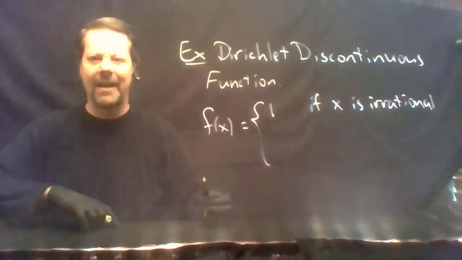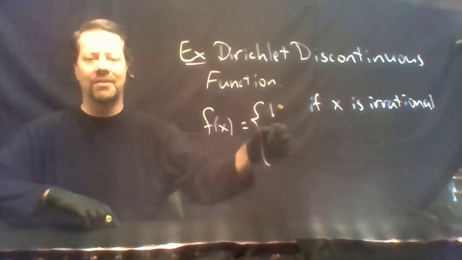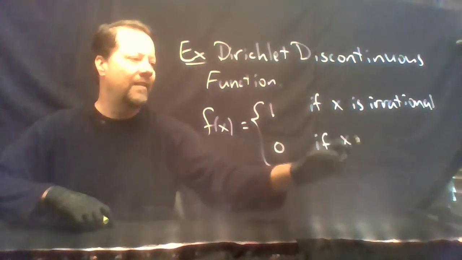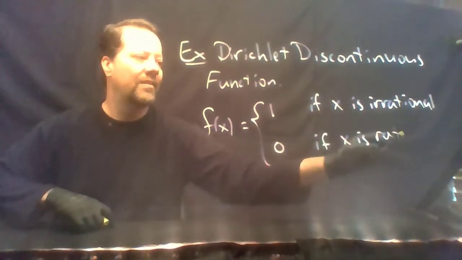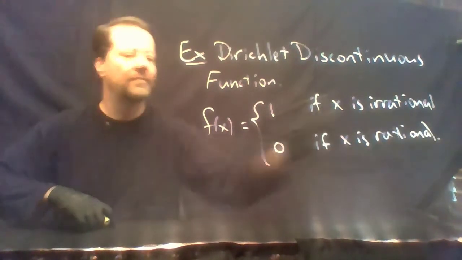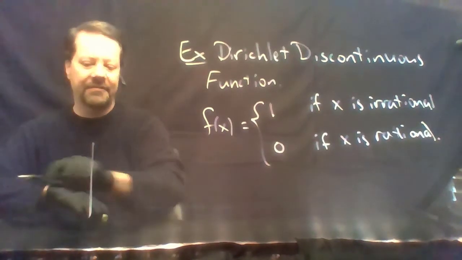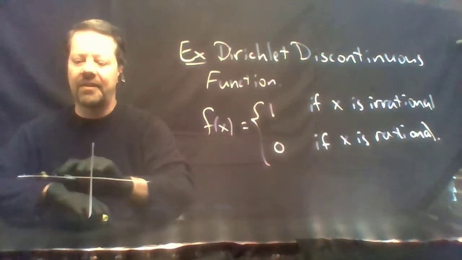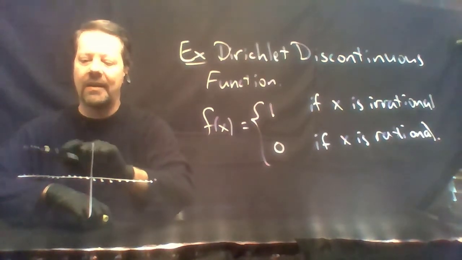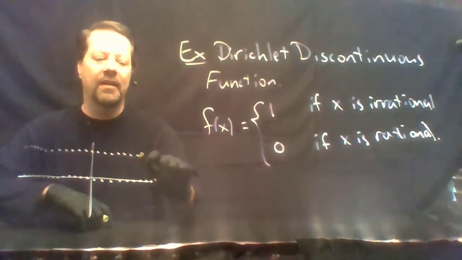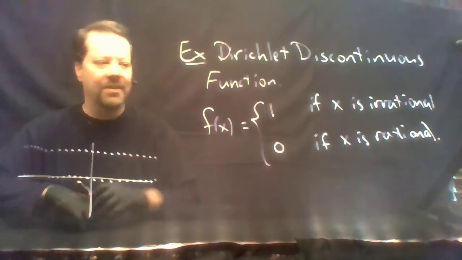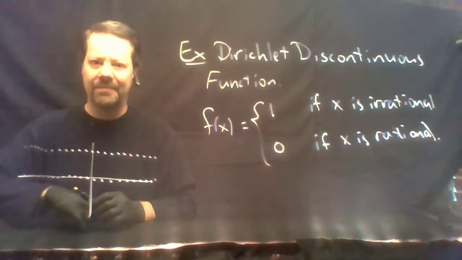I think we actually defined it to be 1 when x is rational, but it really doesn't make any difference. It's 0 if x is rational. So the graph is 0, and it's also 1 at interwoven points. For the irrationals, it'll jump up to 1, and for the rationals, be down at 0.